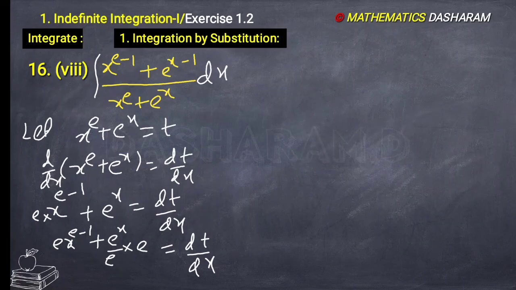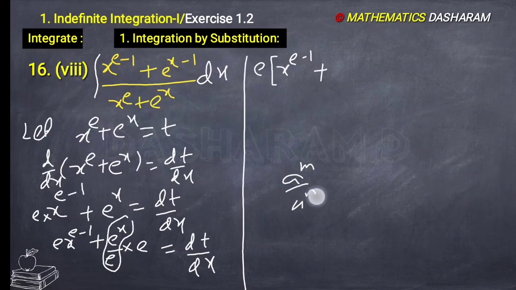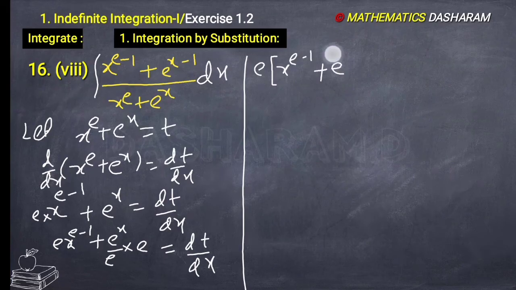So now take the e common, then x to the power of e minus 1 plus, here we can apply the a to the power of m divided by a to the power of n formula, because here e can be written as e power 1. So what is the formula? m minus n. So here e to the power of x minus 1. It is equal to dt by dx.